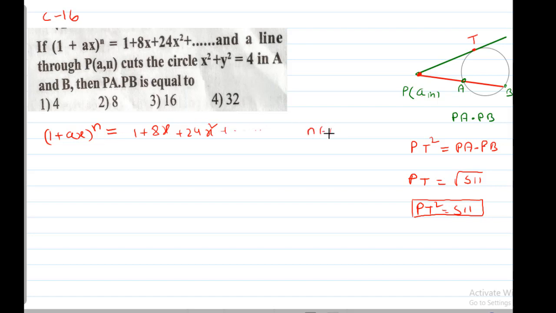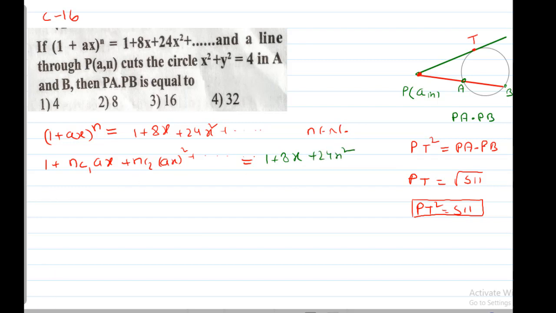Assume that n is a natural number in this case. So you know how to expand it. 1 + nC1 × ax + nC2 × (ax)² + so on is equal to 1 + 8x + 24x² and so on.